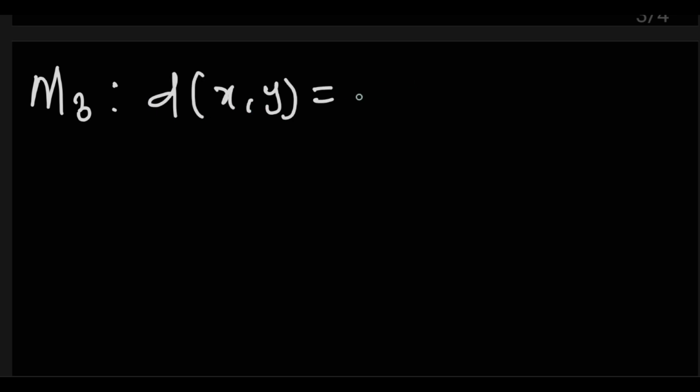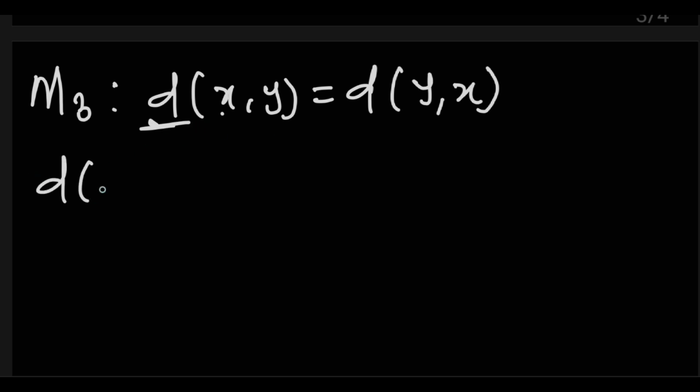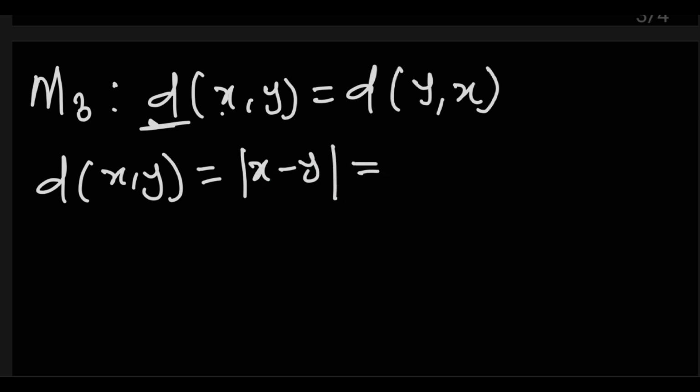Then we move to the third one. The third one says d(x,y) is equal to d(y,x). This distance is not necessarily called d; it can be rho, it can be mu. It's just a metric. It says the distance from x to y is equal to the distance from y to x. Remember, d(x,y) is the absolute value of x minus y, which you can write as the absolute value of negative (y minus x), multiplying through by negative.